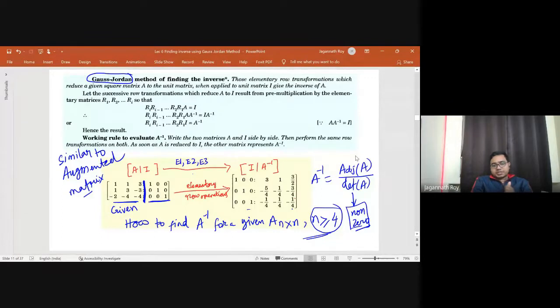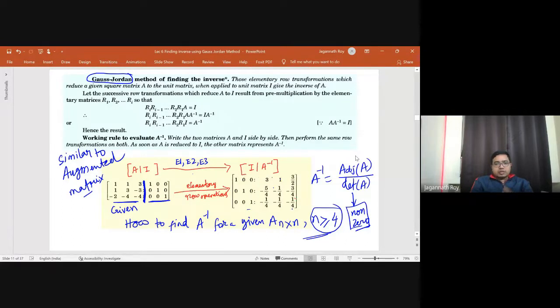After row operations, we try to get the identity matrix on the left hand side, and it is guaranteed that whatever we get on the right hand side will be the inverse of the given matrix.